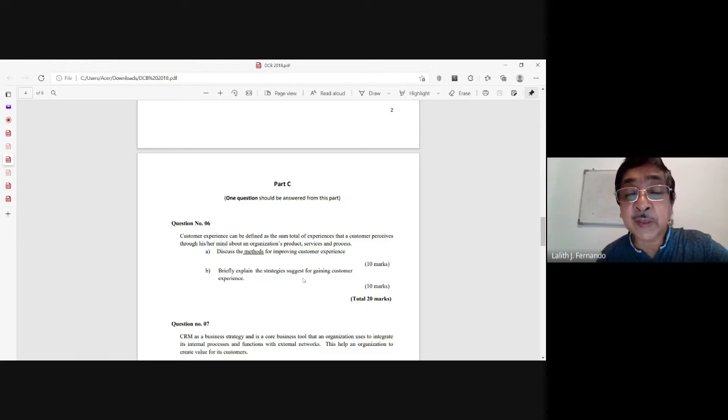Briefly explain the strategy suggested for gaining customer experience. This is not directly connected to the balanced scorecard, but in the balanced scorecard, we do some measurements with regard to customer relationships. So I can show you this as one such question, even though it is not directly related.